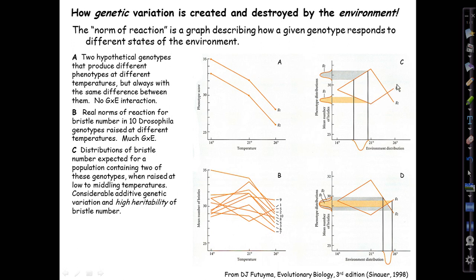So in C and D, which take two of these norms of reaction from the real data, imagine that the whole world consists just of them, let's say in equal amounts. Genotype 1, half the population. Genotype 2, the other.